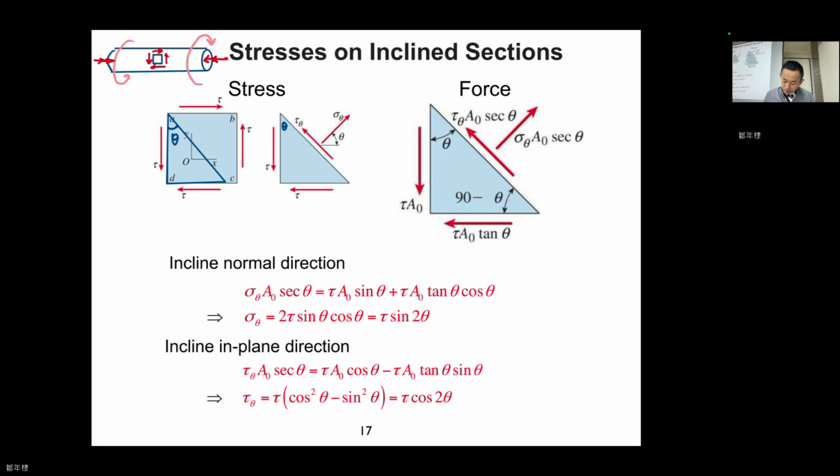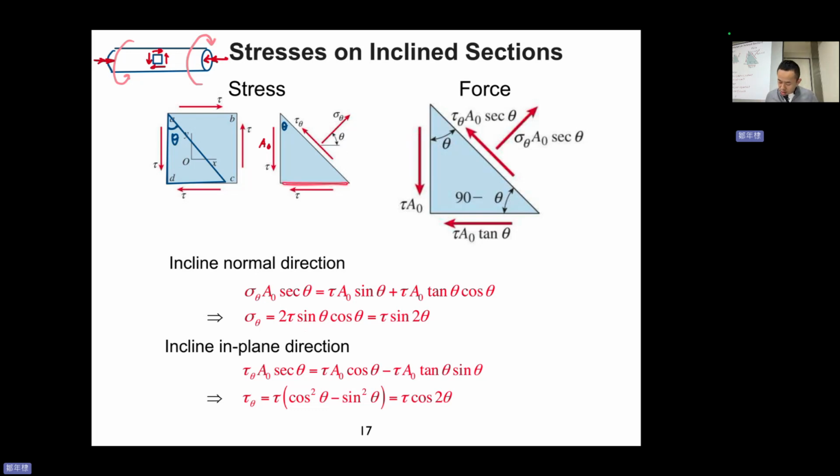So if you can accept that, we can directly just follow exactly the same procedure we did before. Here is A0 because you see, you cut it here, all the area is still here. A0, no problem. However, here is a little bit less because there's something here. It is not cut, it is included.